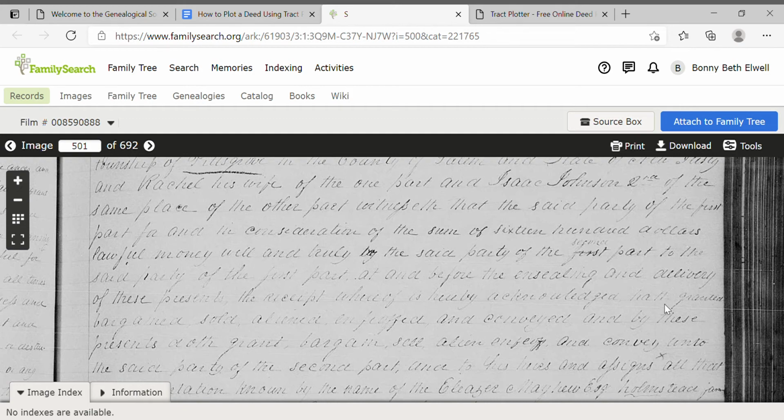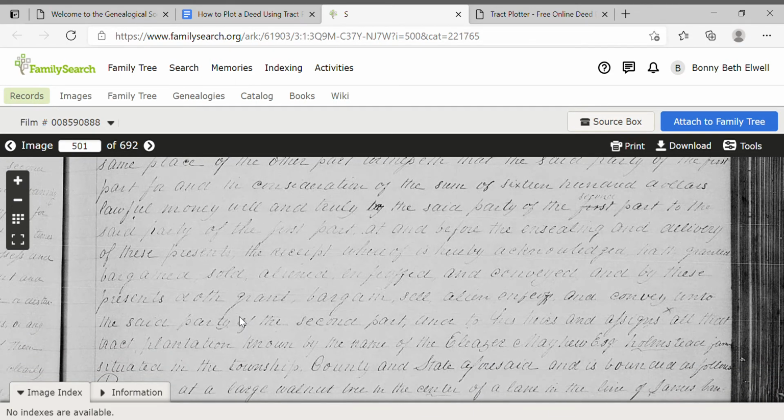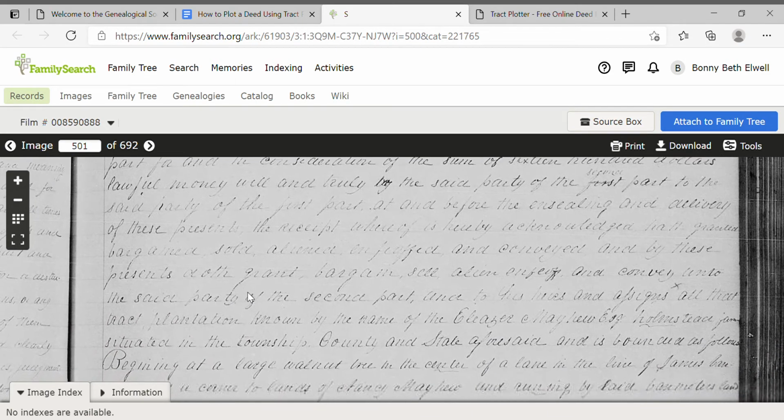Because he's paid it, "hath granted, bargained, sold, aliened, enfeoffed, and conveyed, and by these presents doth grant, bargain, sell, alien, enfeoff, and convey unto the said party of the second part, and to his heirs and assigns." What are they selling? "All that tract plantation known by the name of Eliezer Mayhew, Esquire, Homestead Farm, situate in the township, county, and state aforesaid."